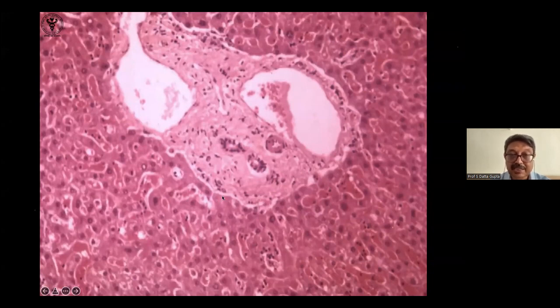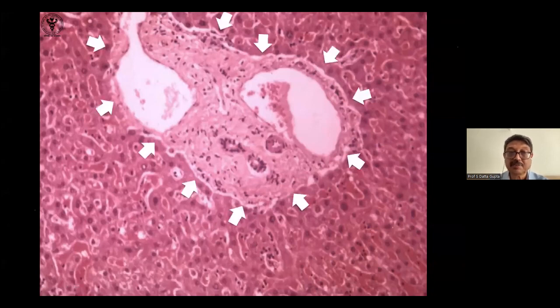But the last layer of hepatocytes here is called the limiting plate. So this is the boundary between the remaining part of the parenchyma and the portal tract. Cells, especially inflammatory cells, can flow from here to here very easily, and they can destroy the limiting plate, which is called piecemeal necrosis or interface hepatitis.